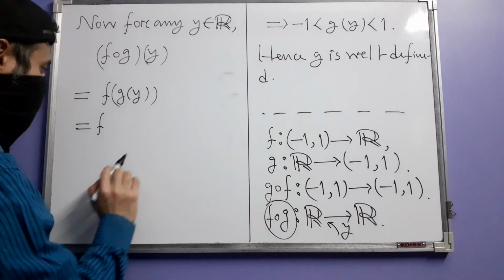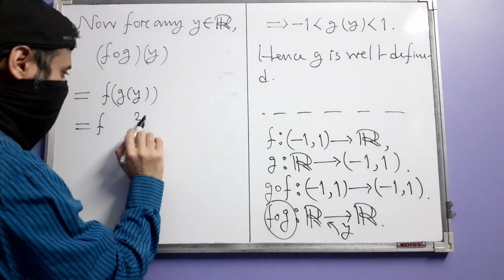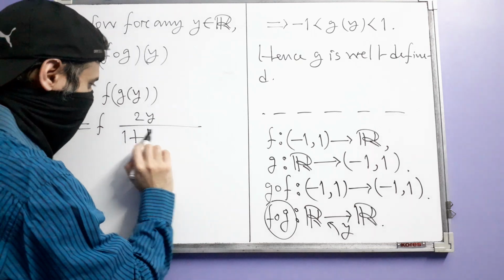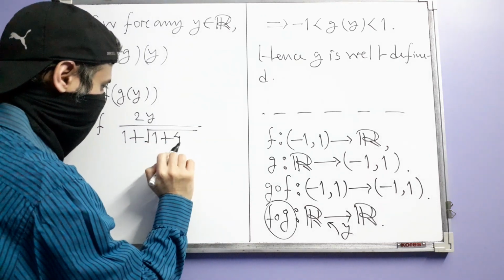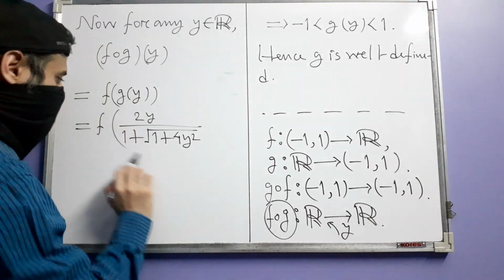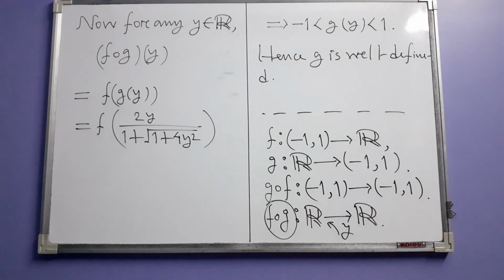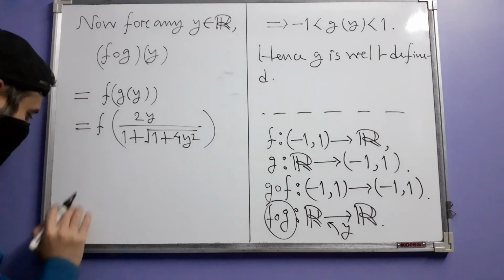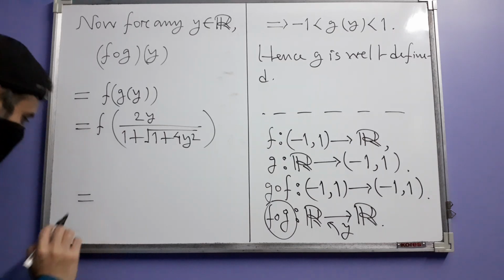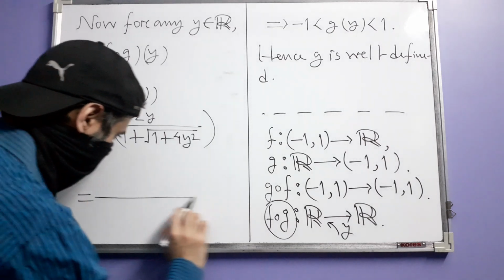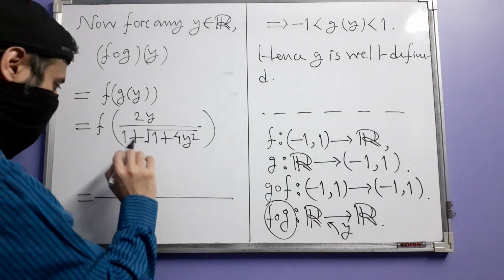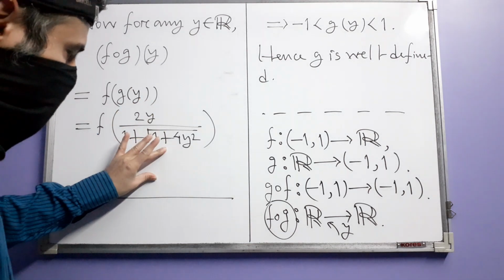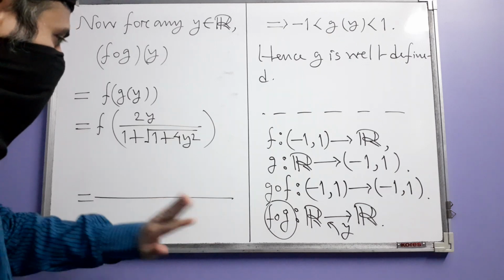Now what is g of y? This is 2y divided by that thing. f of this. But what is f? It may be a little big, do not get afraid. So f divides the input by 1 minus square of the input.